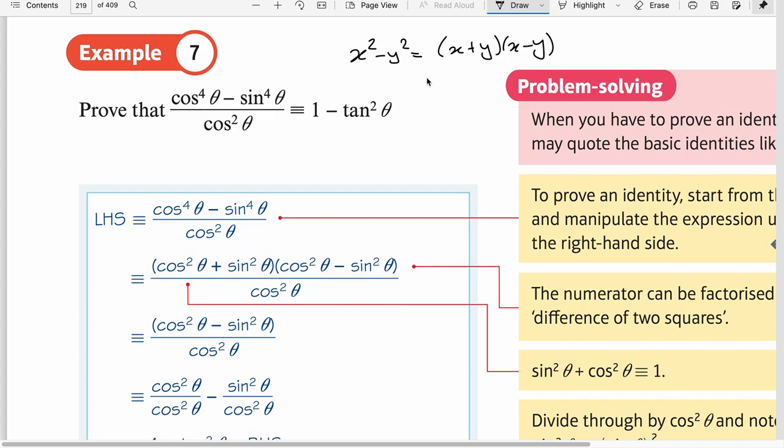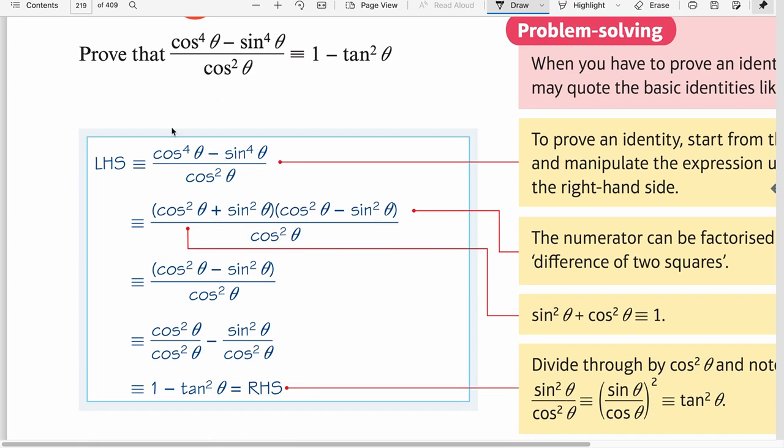So I'm using the same concept to convert them into a plus b and a minus b. So see, if you consider that this is cos square theta whole squared minus sine square theta whole squared, mathematically are the numerators still same?